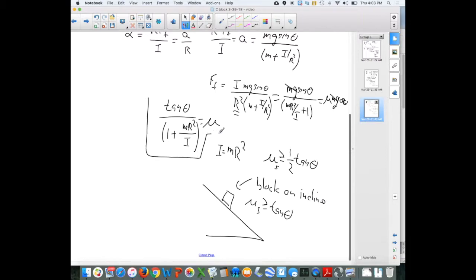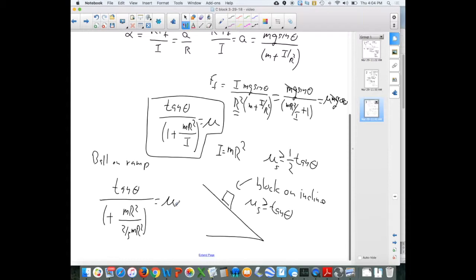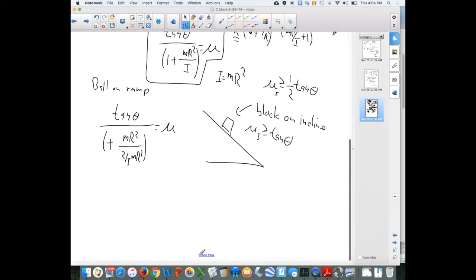Although I don't like to memorize results, this result applies for all objects. So for example, if I were to do a ball on a ramp, I could rewrite this as tangent theta over 1 plus m r squared over I, where I for a ball is 2/5 mr squared, and that is equal to this minimum mu.